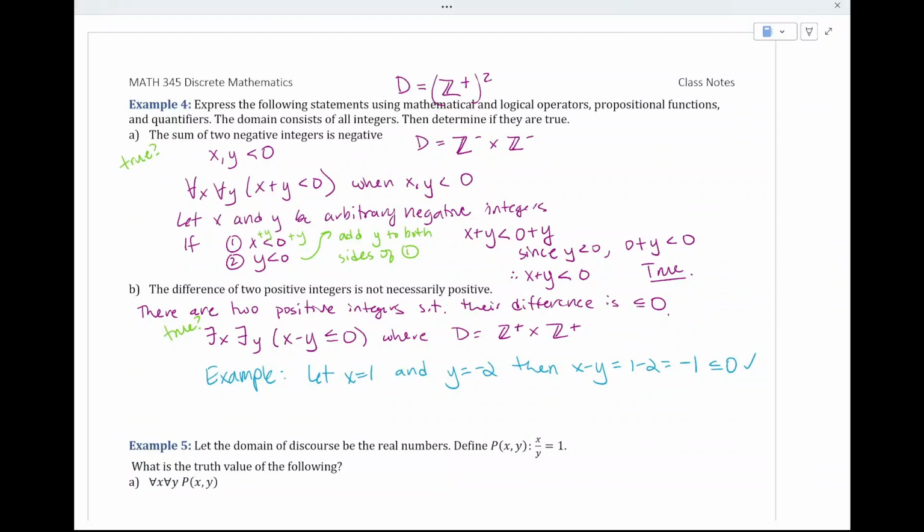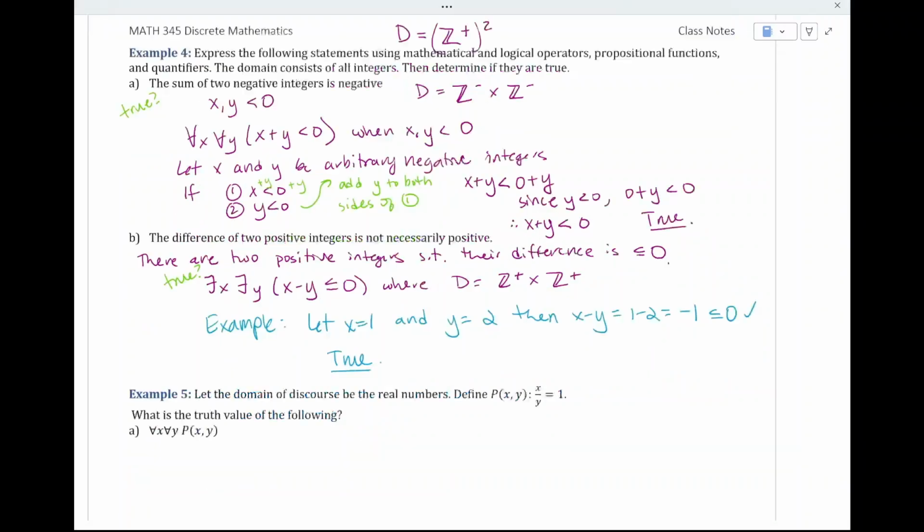As long as you pick a y value that's bigger than x, this will work. So this one is true. There's an infinite number of examples you could do here. And this was 4b.